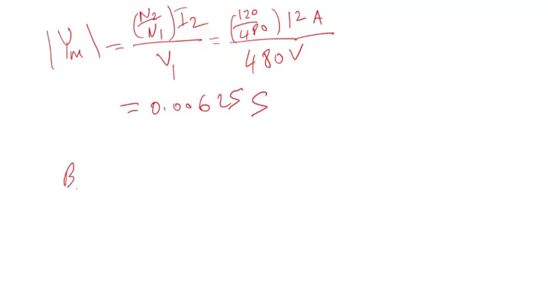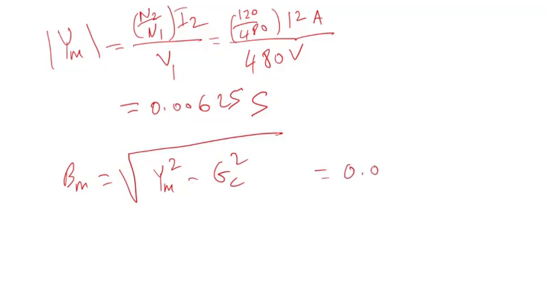So BM is the square root of YM squared minus GC squared. If you plug in the numbers, you will get 0.006195 Siemens.